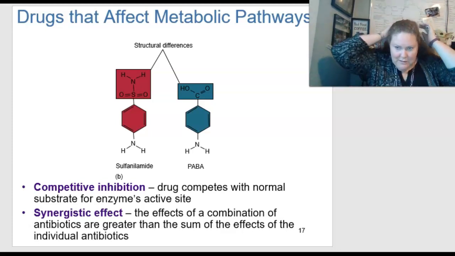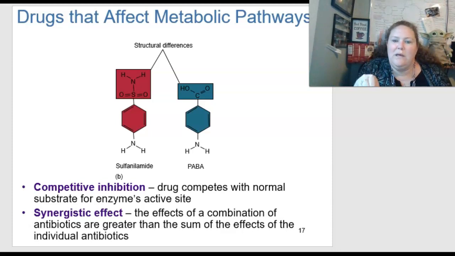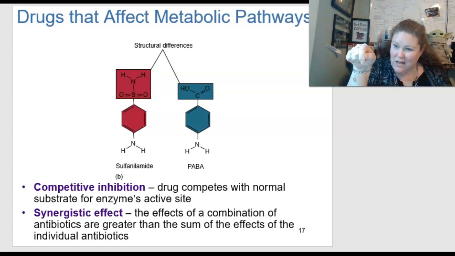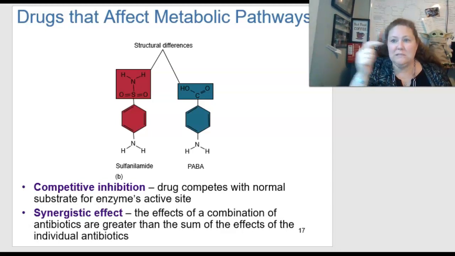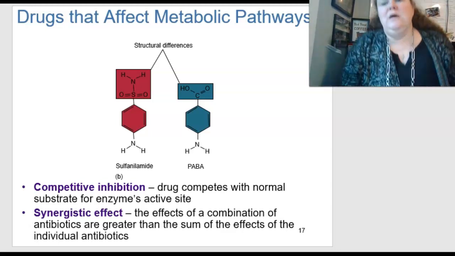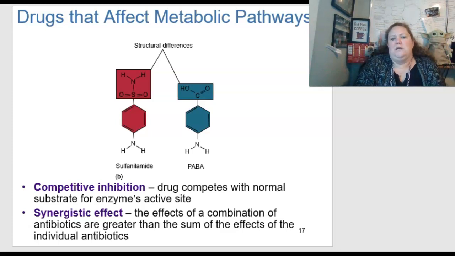You are competing with that active site and you're trying to block the right thing from going in. I like to use the analogy of putting the wrong key into a door lock: it will fit, but it won't open it. So it's stopping the right key from going in there. And so this is what competitive inhibition is, okay? Where the drug competes with the normal substrate for the enzyme's active site.